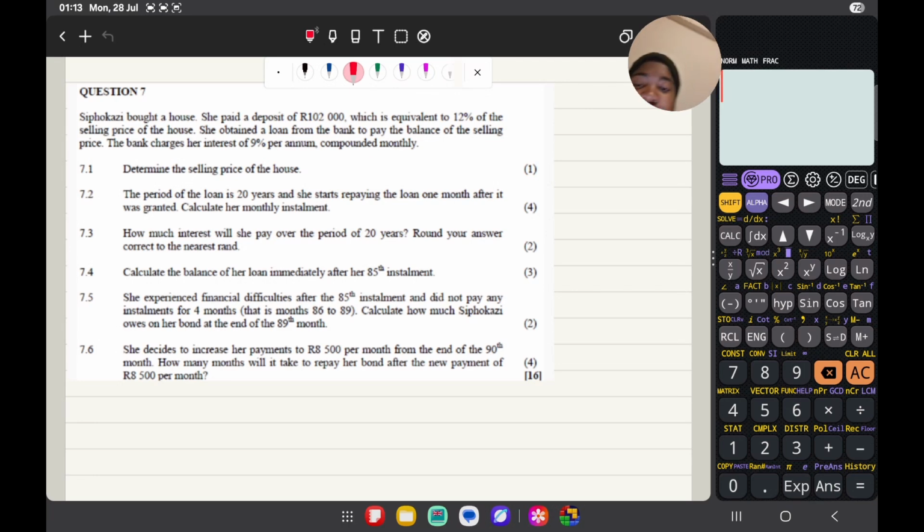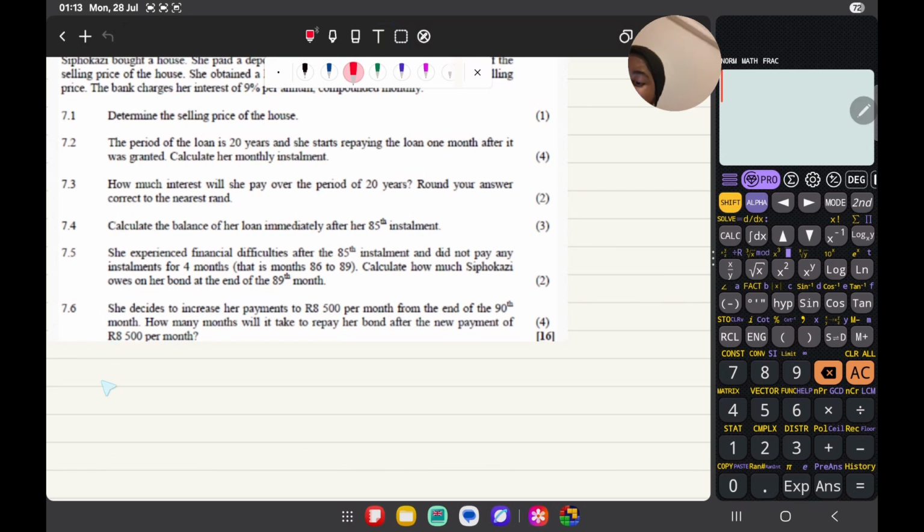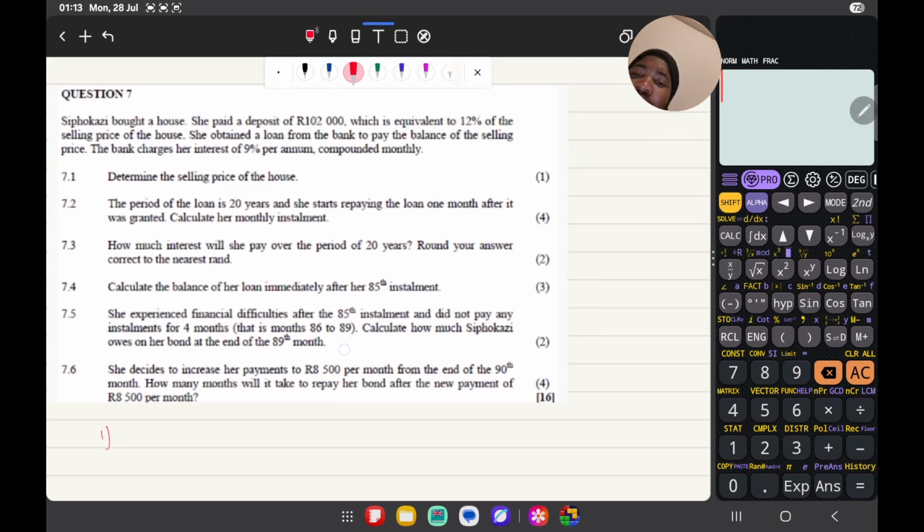Cool. So the selling price, this is how you'd think of it. They're saying this amount is 12% of the selling price. So you can say the selling price multiplied by 12% equals 102,000, right?